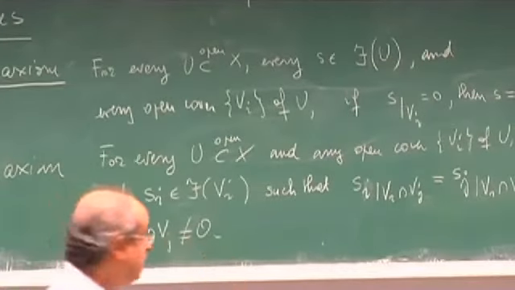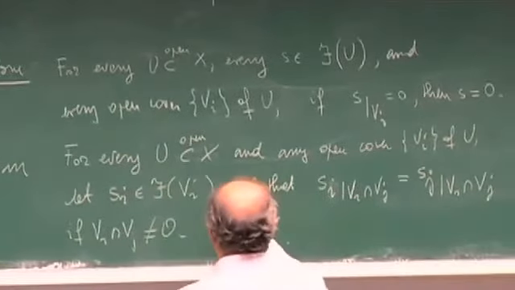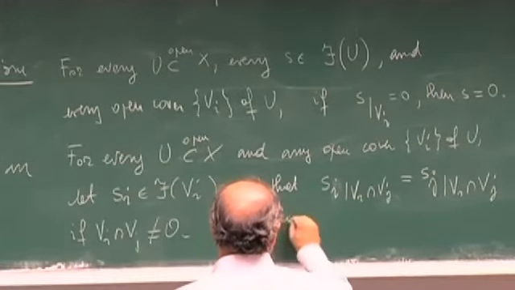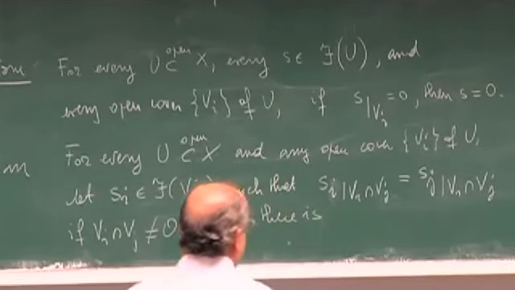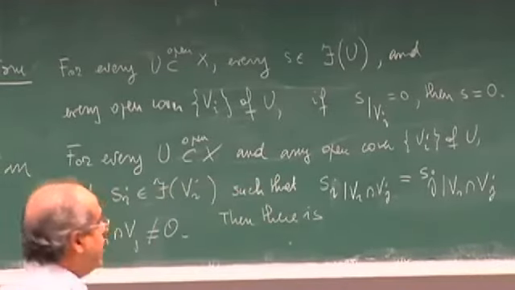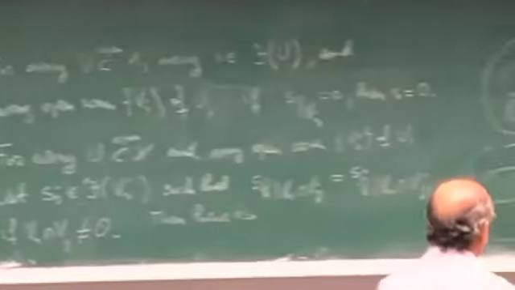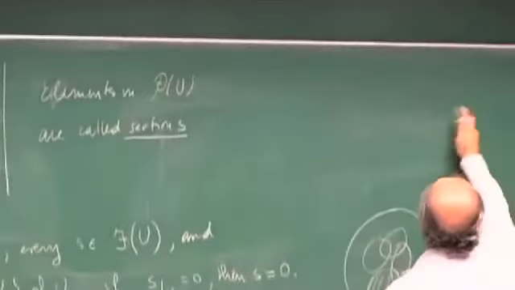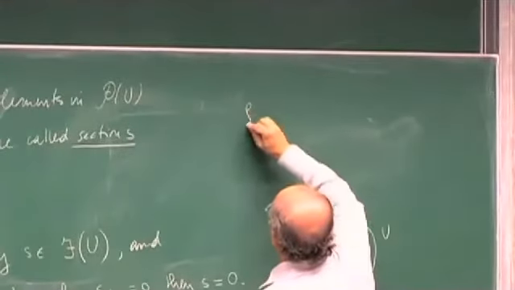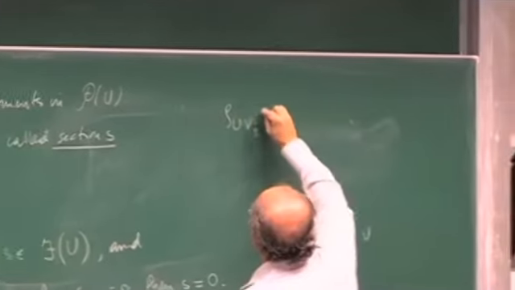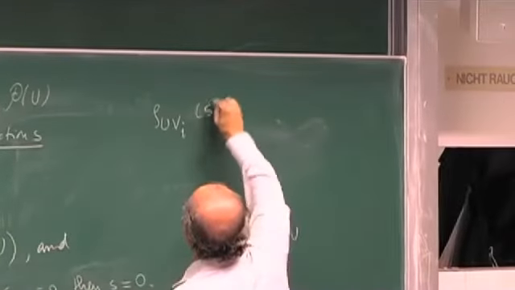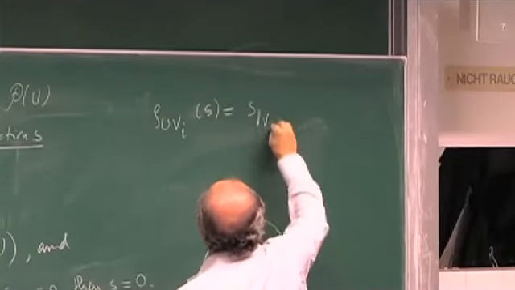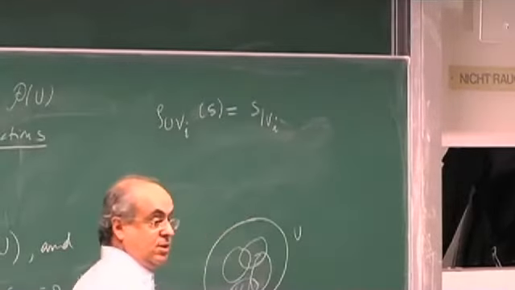Sorry, this restriction is just the image of the restriction morphism. Yeah, at some point I introduced a quicker notation, so this I denoted, for instance, like this.